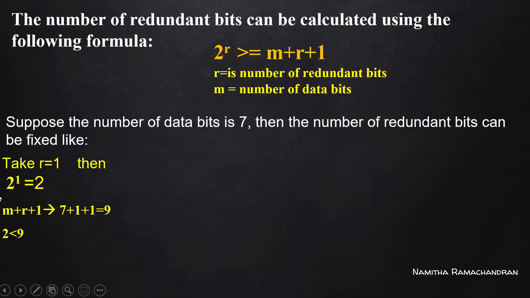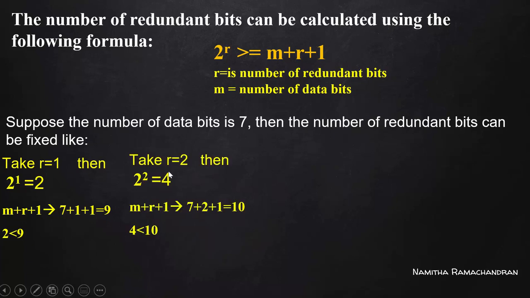And the RHS, m plus r plus 1, means 7 plus 1 plus 1, which is 9. So here 2 is less than 9. This is not satisfying the given equation. So the value 1 for r is not valid here. For transmitting 7 bits of data, we need some other value for r.